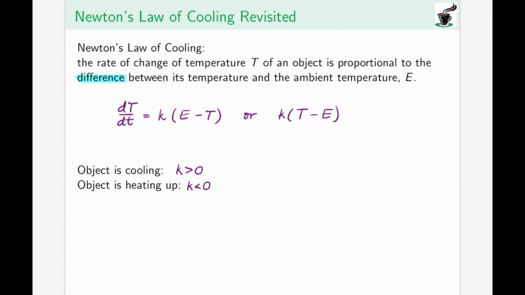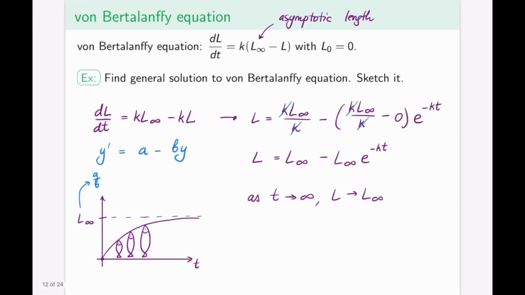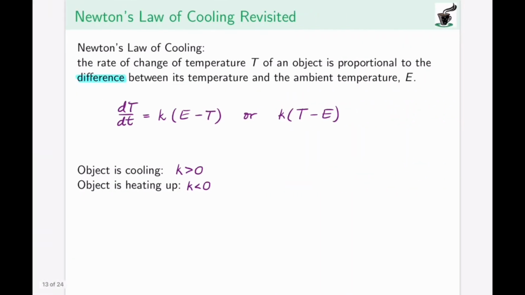So we have here the same exact setup we have just seen with the von Bertalanffy model, where I have a constant k, another constant E, and then my actual object's temperature. So I can open up the brackets and rewrite it to see the A minus b y form, or based on our previous analysis here, we know that this constant up in front actually corresponds to the asymptotic or the plateau length.